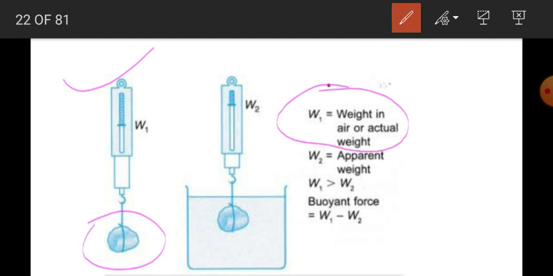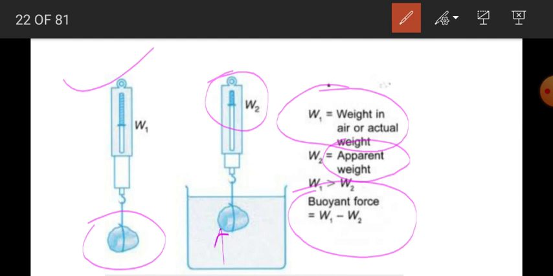So we know that in water or in liquid, weight decreases. So as you can see here, if you immerse this stone in the water, its weight will decrease. We call it apparent weight. Okay, and the difference between real weight and apparent weight will give you the upthrust exerted by the liquid. It is also known as buoyant force.